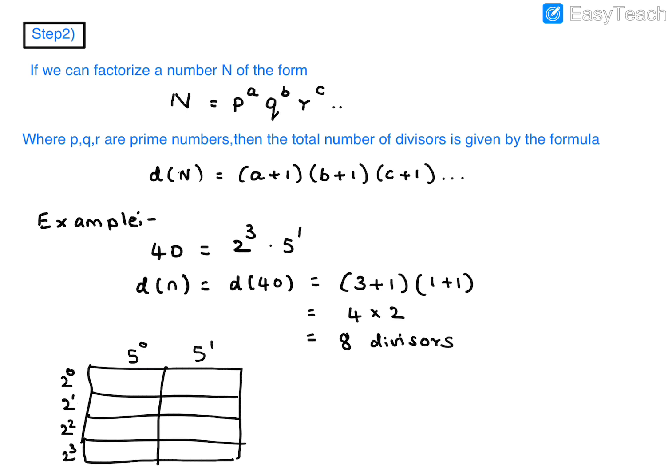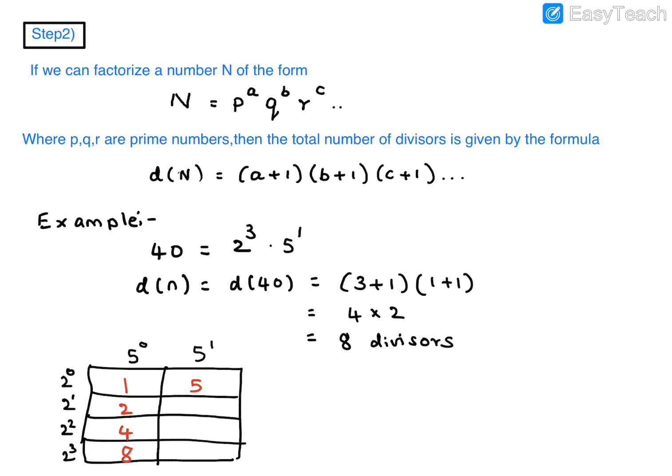And likewise, let us see what are the various divisors. So 2 to the 0 times 5 to the 0 is 1. 2 to the 0 times 5 to the 1 is 5. 1 is also a divisor. 5 is also a divisor of 40. Similarly, I have 2, 4, 8.